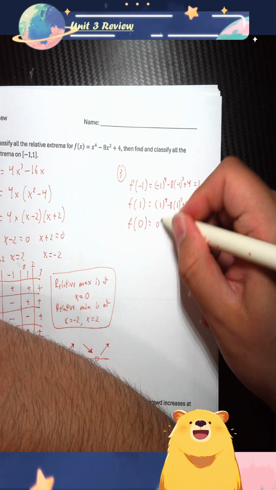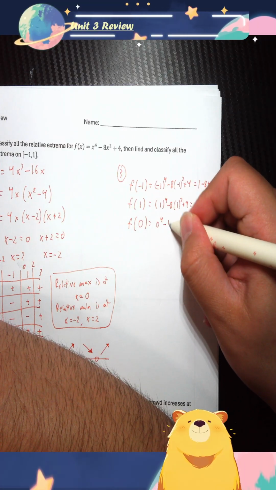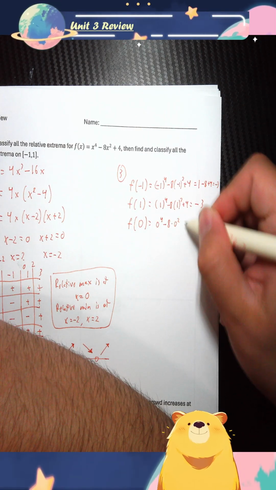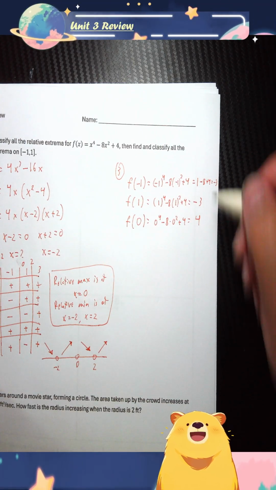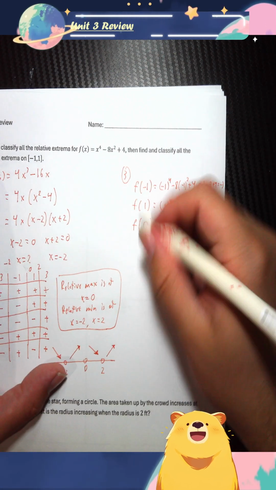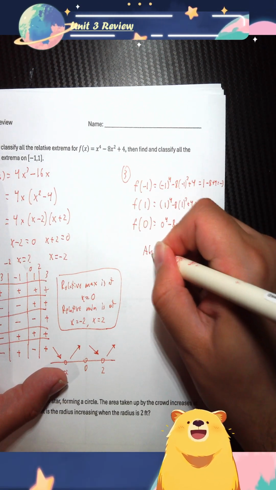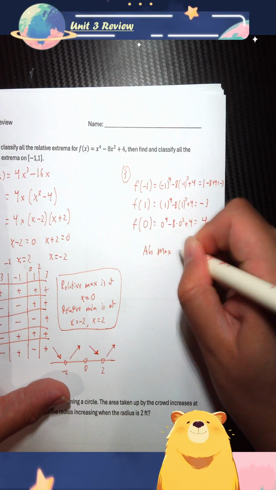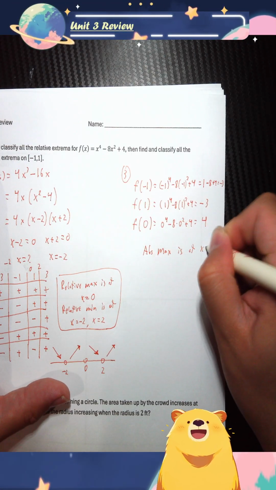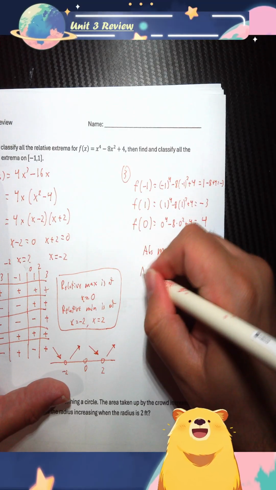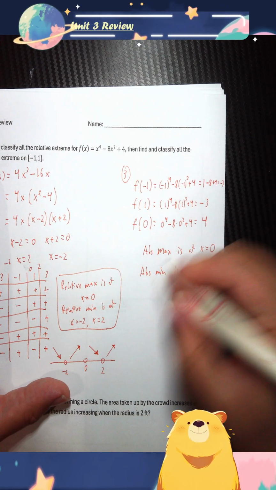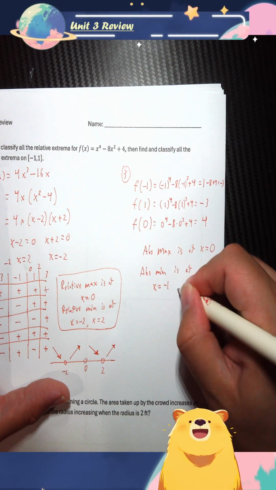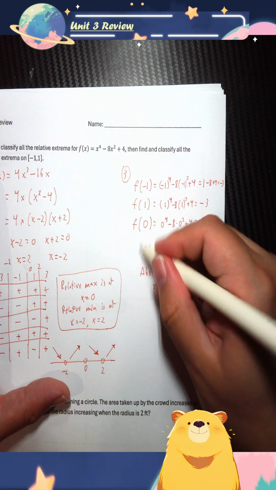And then for 0, we will actually go as high as 4. So that means that on this bound, the absolute max is at x is equal to 0, and the absolute min is at x is equal to -1 and x is equal to 1.